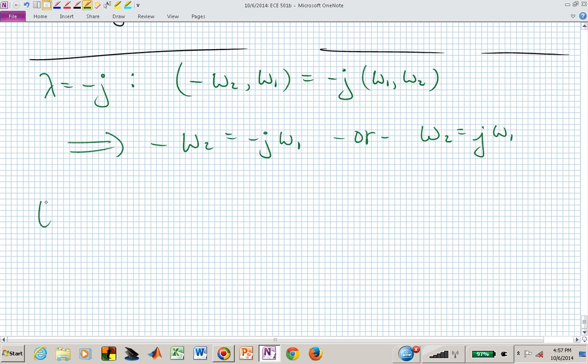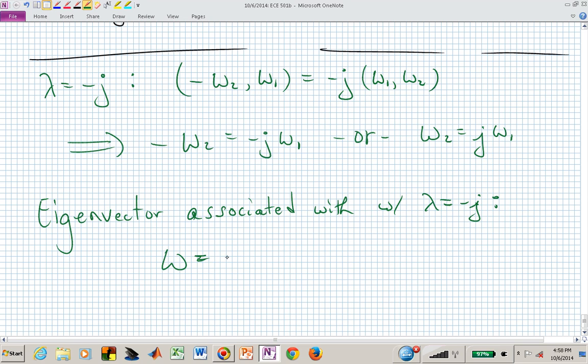And now the eigenvector associated with lambda equal to minus j is this eigenvector w of w1, j w1, with w1 being a complex number.